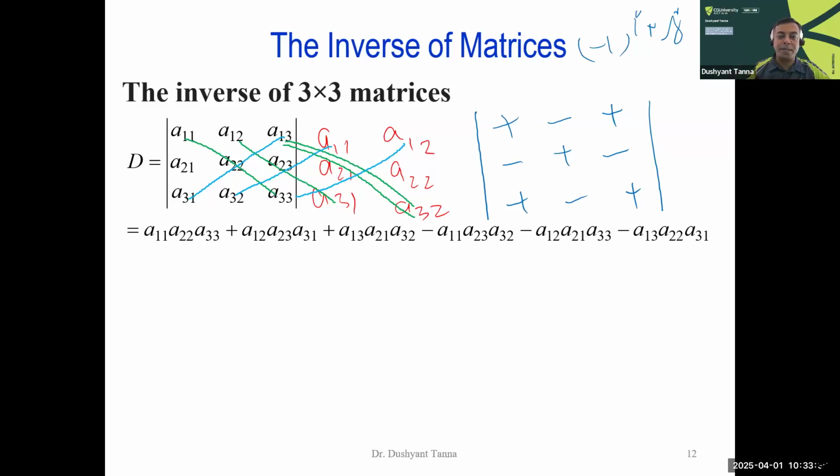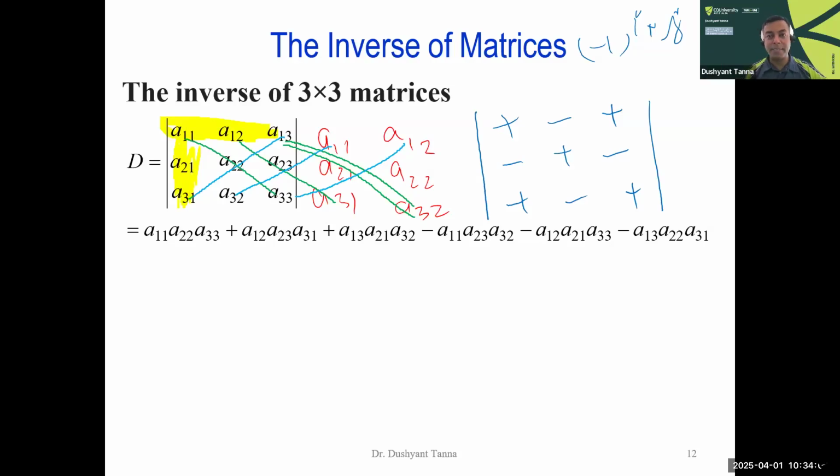Now, when I talk about the cofactors, I will talk about the minus. Let me highlight that. If I'm talking about the minor of A11, I will hide the first row, first column, just as if it's not there.